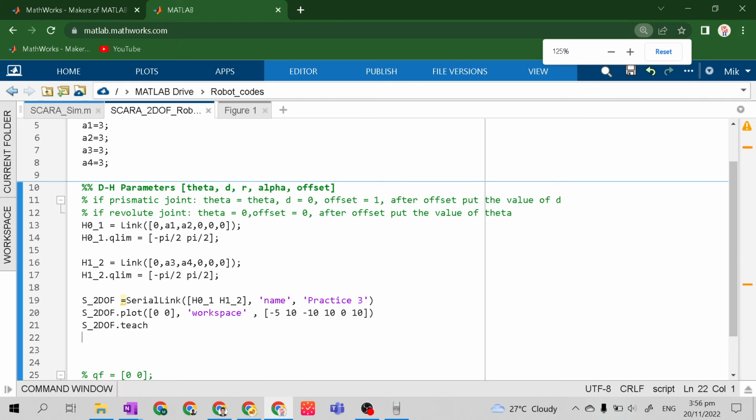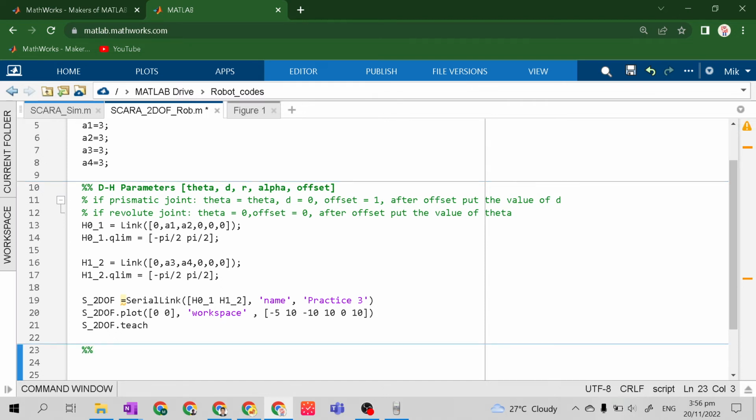Okay, so let's put the fkin command under our kinematic diagram simulation program or codes. So this is forward kinematics. Let's name this section forward kinematics.